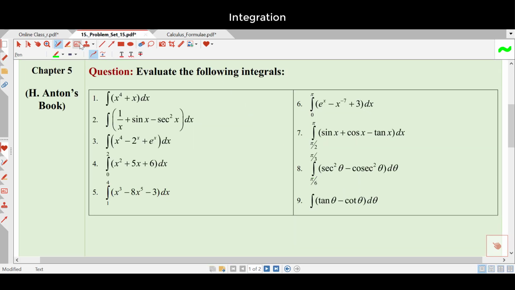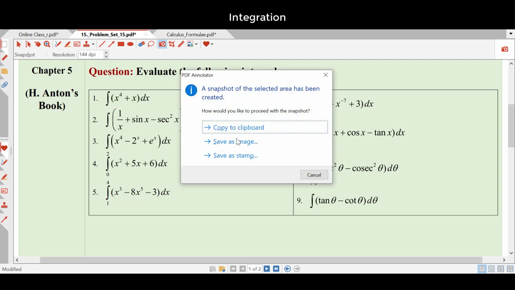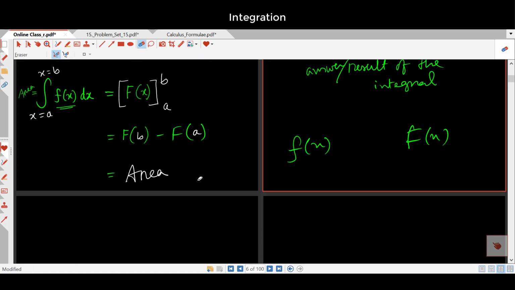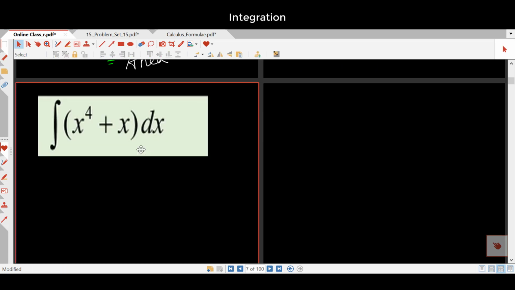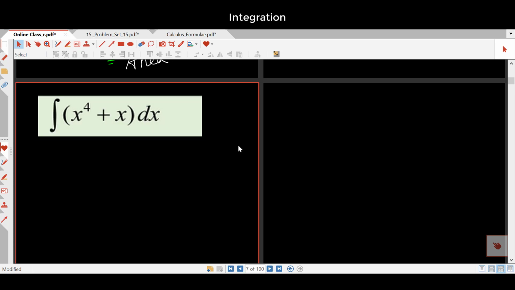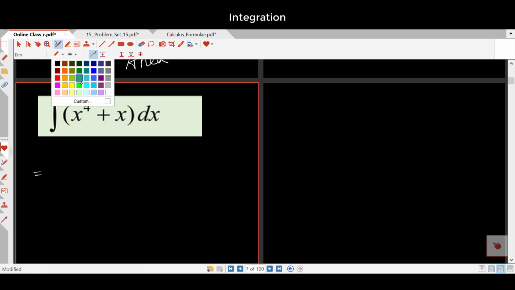Let us work with some easy problem at first. Let's say we are solving this one. We have to integrate x to the 4 plus x. This is our function.